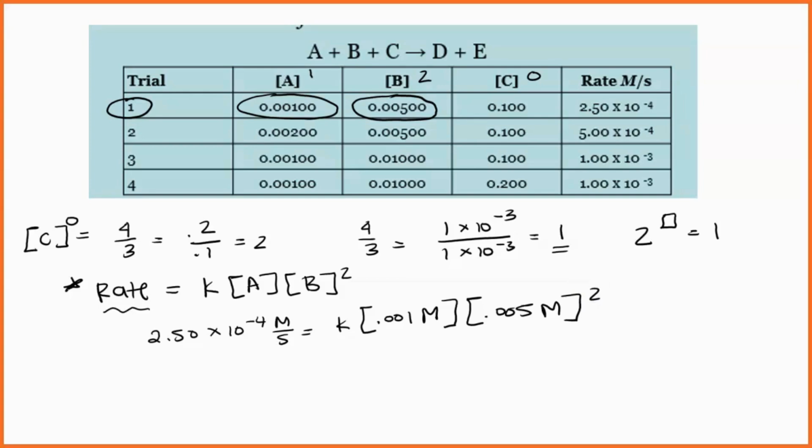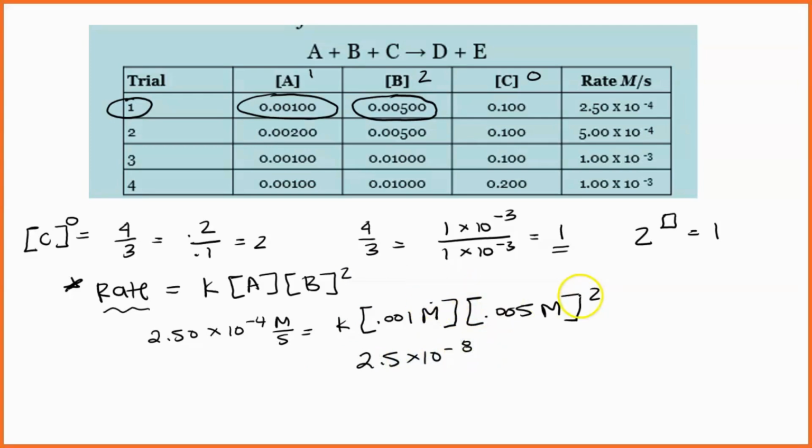First, I'm going to multiply on the right-hand side. I'll do 0.001 times 0.005, but don't forget to square that 0.005. It's a really small number. It's 2.5 times 10 to the negative 8th.